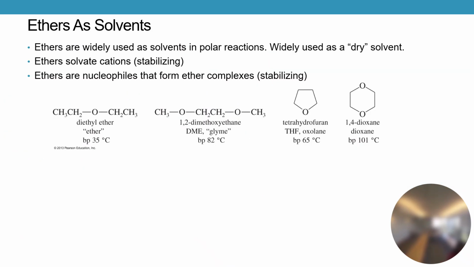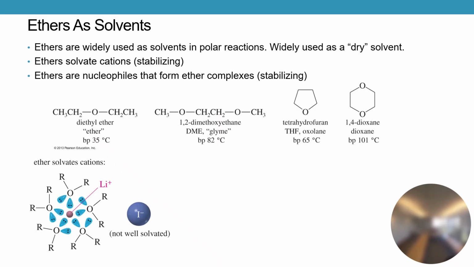Okay, so as mentioned, our ethers function as solvents, and they're really good dry solvents, like for our Grignard reactions, to both make Grignards and use Grignards. Okay, there we go. So here's just a list of a couple of different ether solvents, just to add to what we've seen: glyme and dioxane.